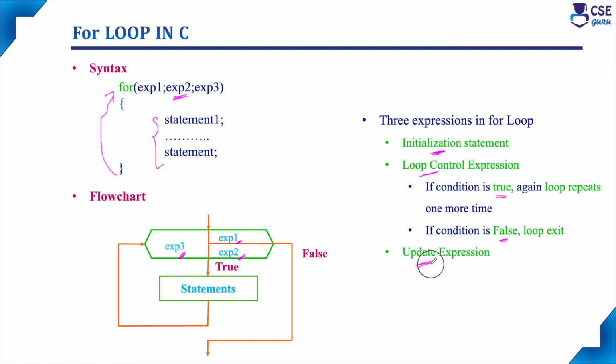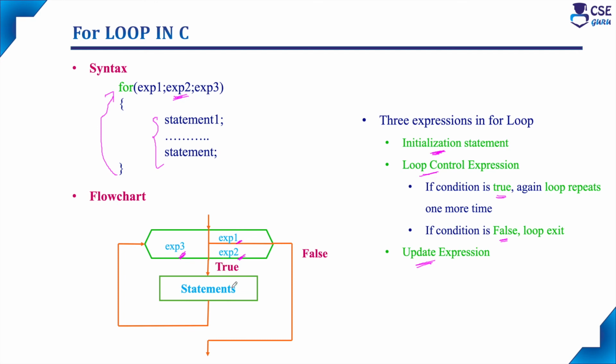Either the variable value will get incremented or it will get decremented. So that is the purpose of expression 3. So after incrementing or decrementing the variable value, control will transfer to the for loop again. And here we are not going to check the expression 1. This expression 1 is required only for initialization purpose.